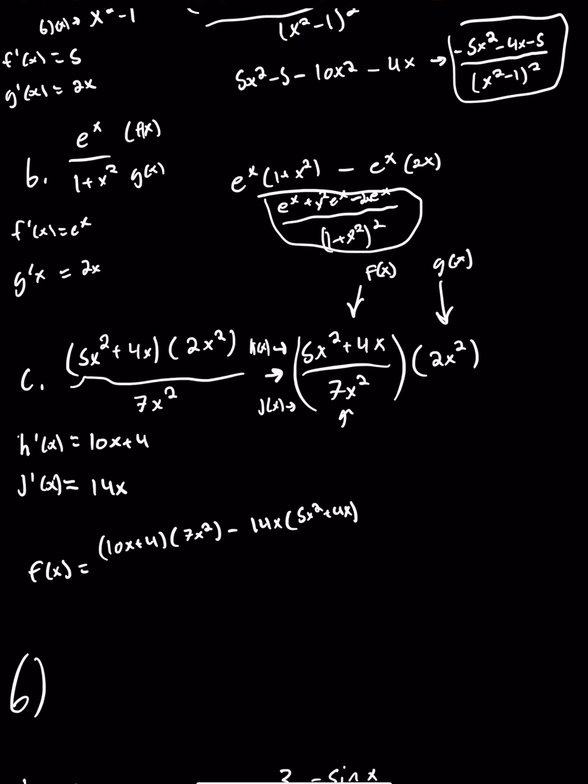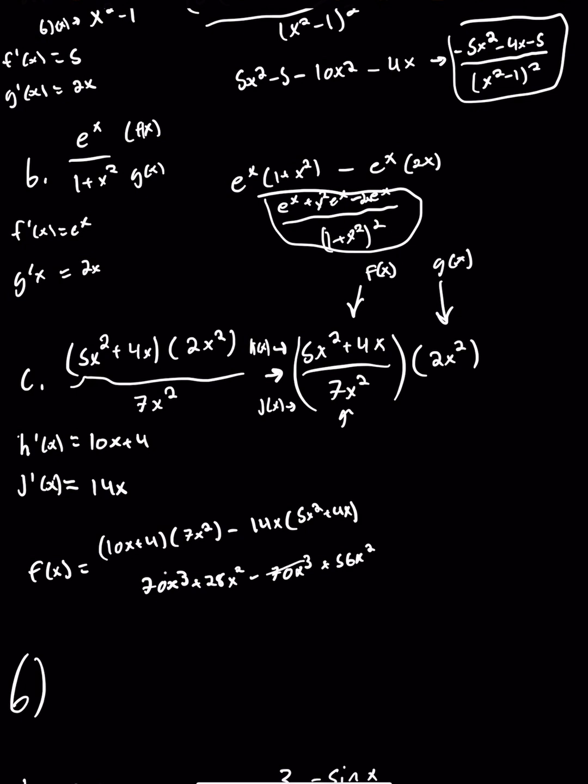So let's just go ahead and do that. It's going to end up being 70x cubed plus 28x squared minus 14 times 5 is 70x cubed plus 14 times 4 is 56x squared.